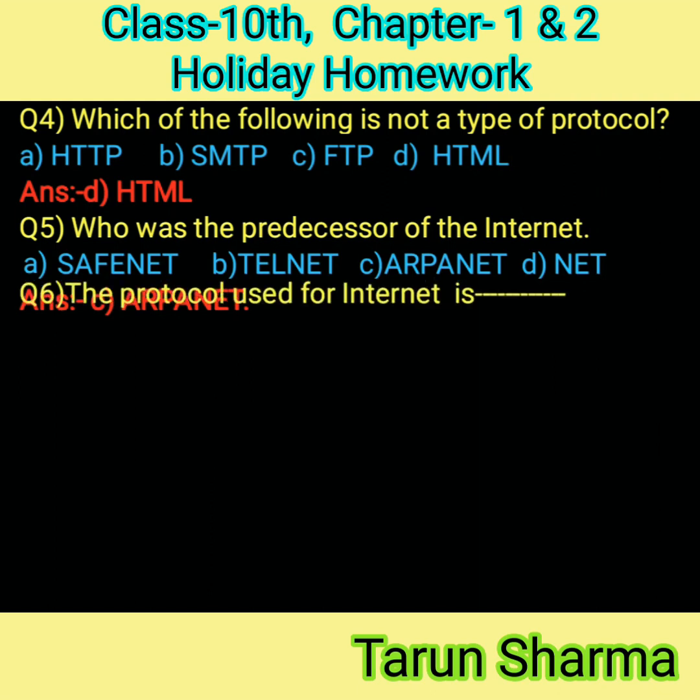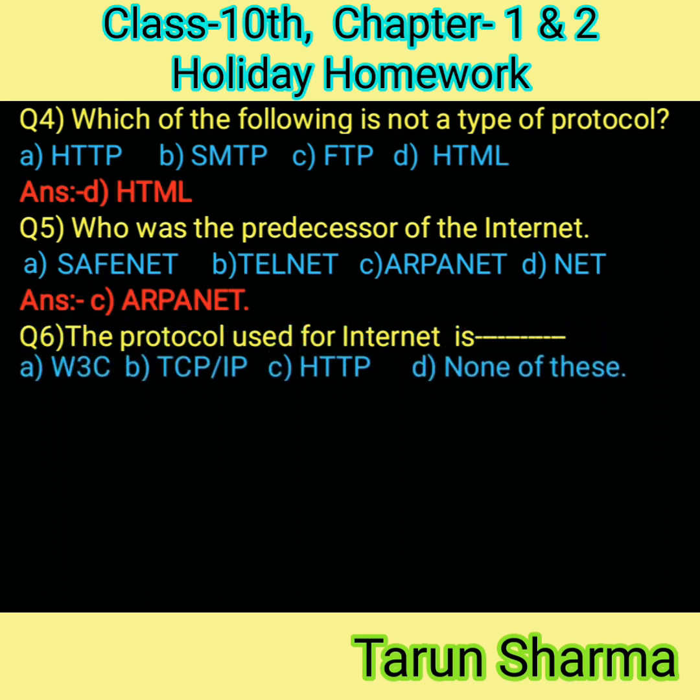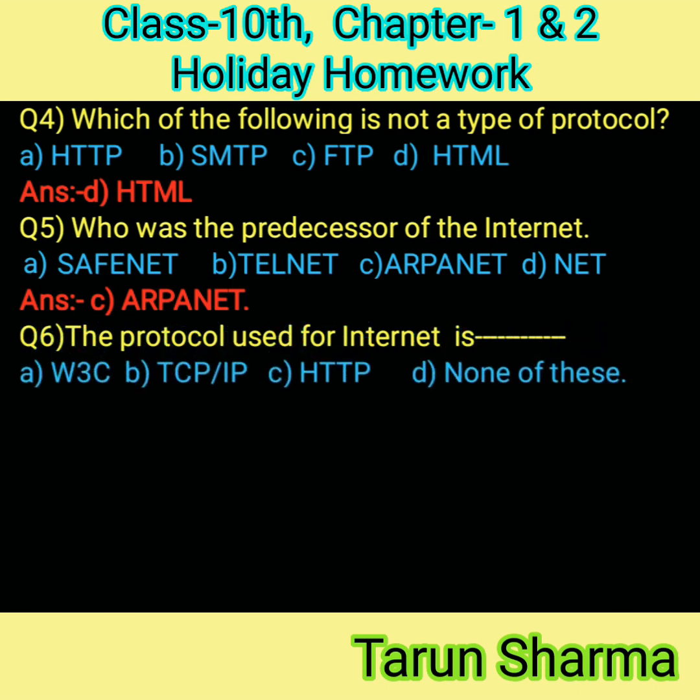Next question 6: the protocol used for internet is option A W3C, option B TCP/IP, option C HTTP, and option D none of these. Answer is B, TCP/IP.